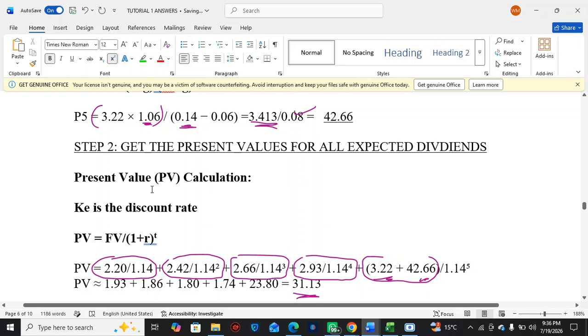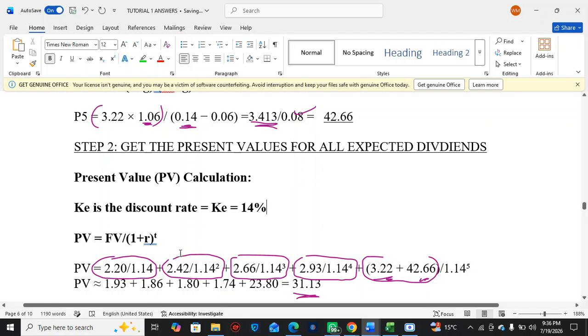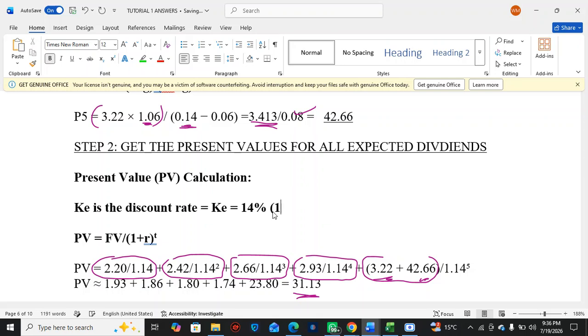No. You're discounting all the dividends with the cost of equity. So our discount rate, KE cost of equity, is 14%. That's why you can see a 1.14 in the denominators here. This 1 plus r, remember, 1 plus 0.14 equals 1.14, our discount factor.